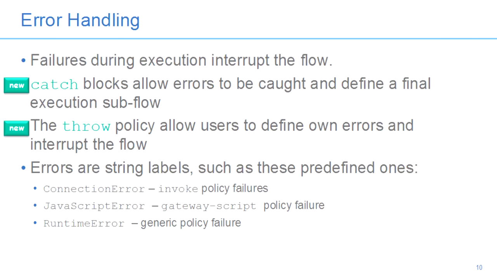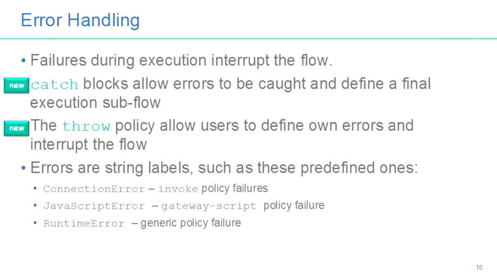If you do not use catch blocks, you're going to get similar behavior to what you got on version 4, where an error would abort and interrupt the flow. But now with the catch block, you can catch that and continue running a different flow.